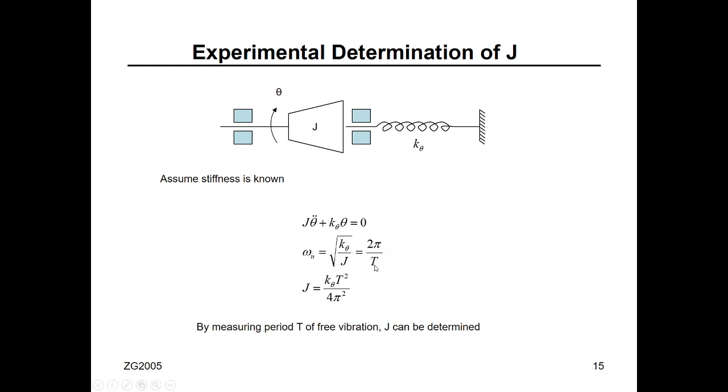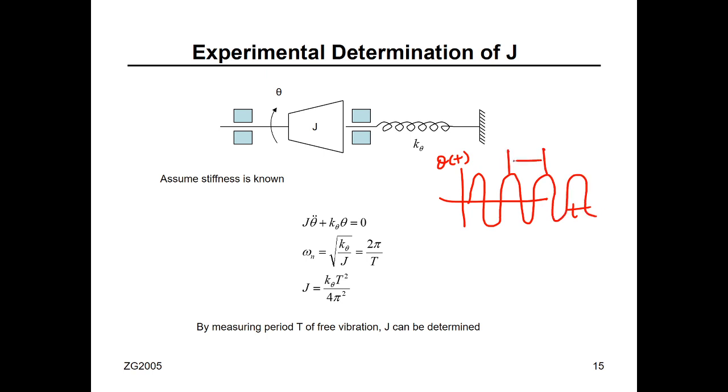Which is equal to 2 pi over the period. So all you have to do is give it an initial condition, then record. This is the time domain, and this is theta of t. Give it an initial condition, just like in the lab. In the lab, we have x; here we have theta. You will record the oscillation on a piece of paper using an accelerometer.